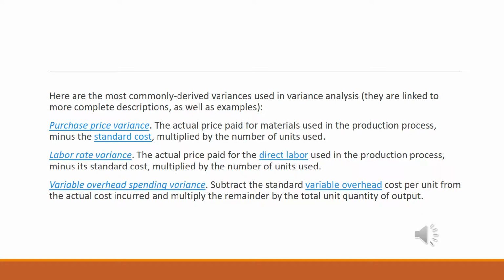Labor rate variance: the actual price paid for the direct labor used in the production process minus its standard cost, multiplied by the number of units used. Variable overhead expense variance subtracts the standard variable overhead cost per unit from the actual cost incurred and multiplies the remainder by the actual quantity of output.